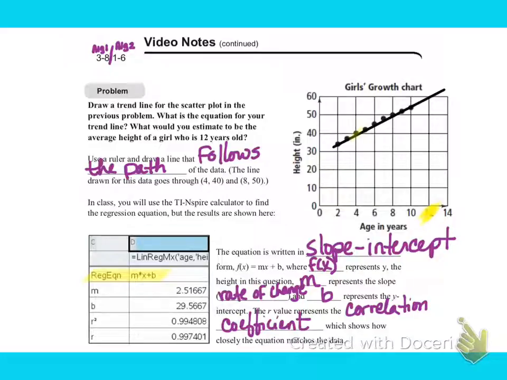And since I did extend my trend line so that I would have an x coordinate of 12, if I look up here on the graph, I have a corresponding y coordinate of 60. So that's another way that you could estimate your value.